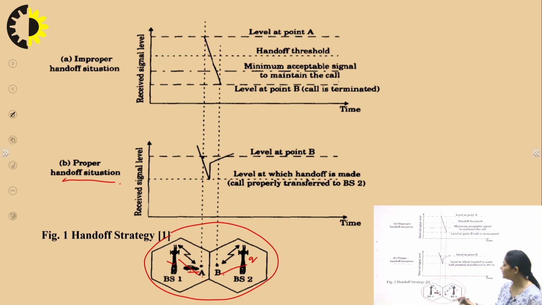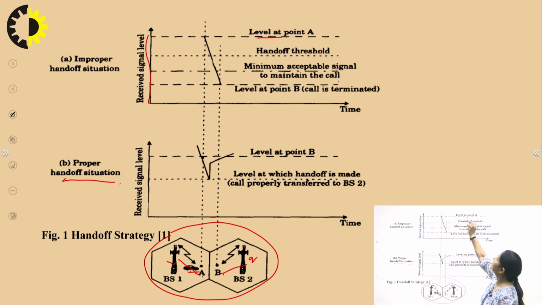The power level at point A and at point B will be measured at every point. This is the situation of improper handoff, in which the y-axis shows the received signal power of the mobile station.